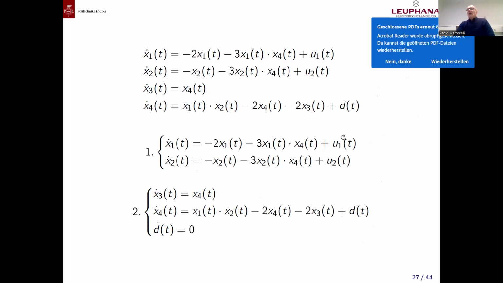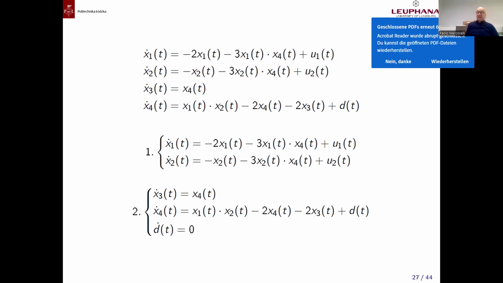This means that in the second group of equations, D of T is not multiplied. D of T appears linearly in the system 2. This means the augmentation does not necessarily generate a nonlinearity. Fix the idea: not necessarily.